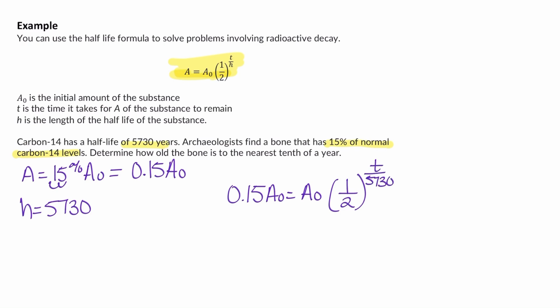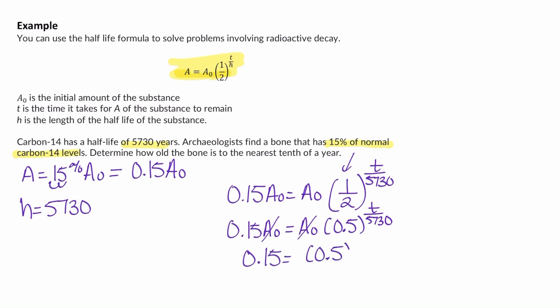When I'm solving this problem, I like to go ahead and change that 1/2 into a 0.5. So we have 0.15 A naught equals A naught times 0.5 to the T over 5730. Now notice that we have an A naught on both sides, so that'll cancel out. So we have 0.15 equals 0.5 to the T over 5730.